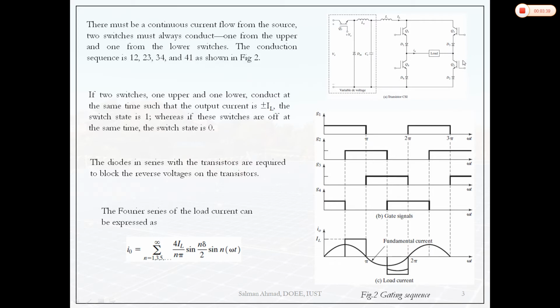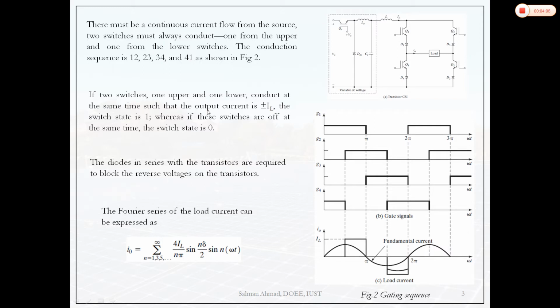Similarly, if Q3 is turned on, again we have to have Q4 or Q2 turned on. So if Q1 is turned on and Q2 is turned on, the current will flow through the load. If Q1 is turned on, we have to turn on Q4, so the current will bypass the load. So two switches must be conducting, one from the upper half and one from the lower half.